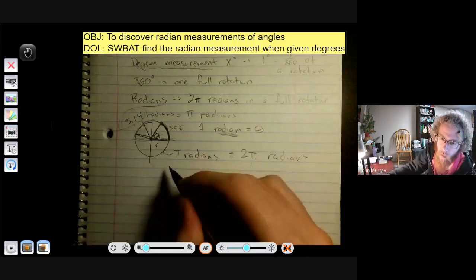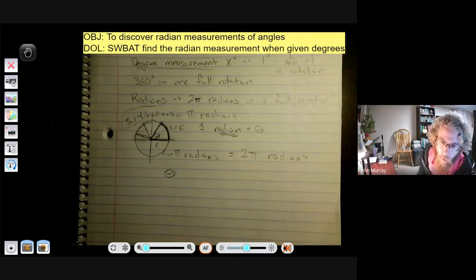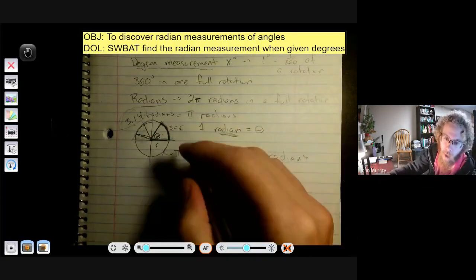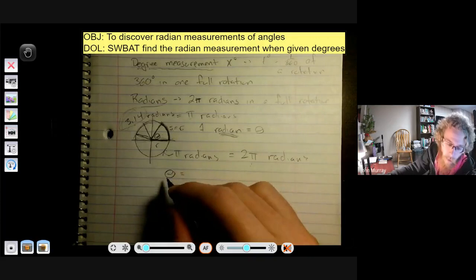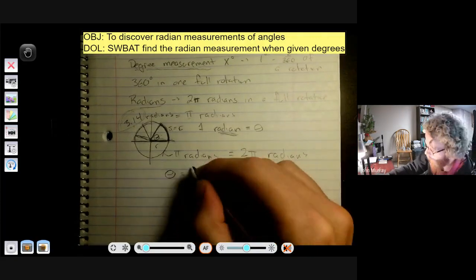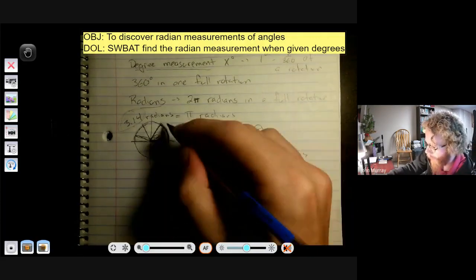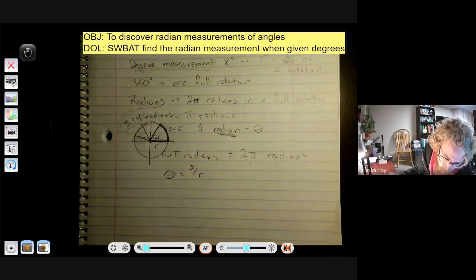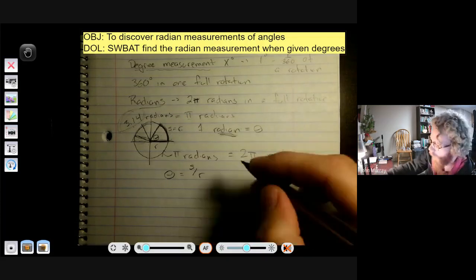And so with that, without doing any physical measurements, without getting out a protractor, we can calculate the angle by dividing the arc length by the radius.